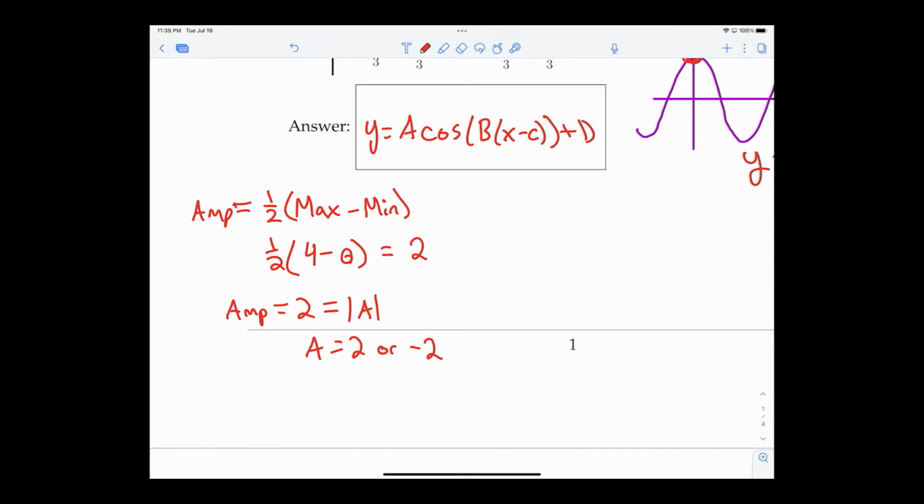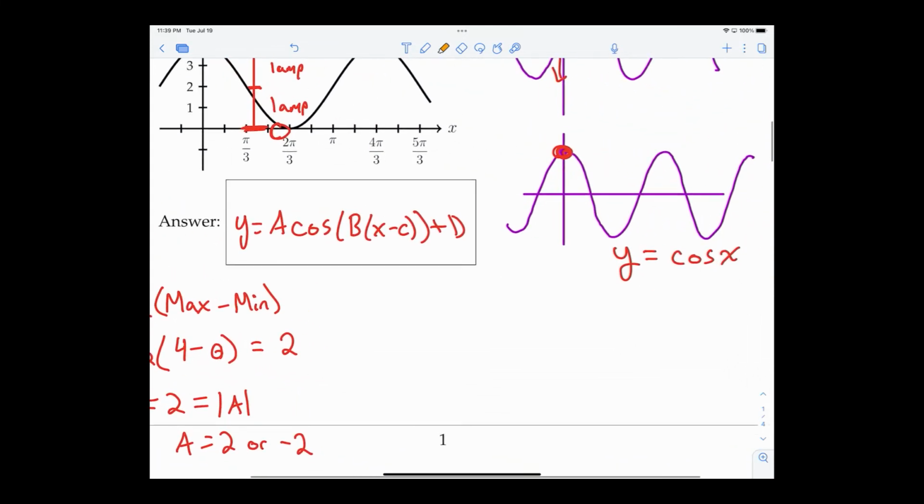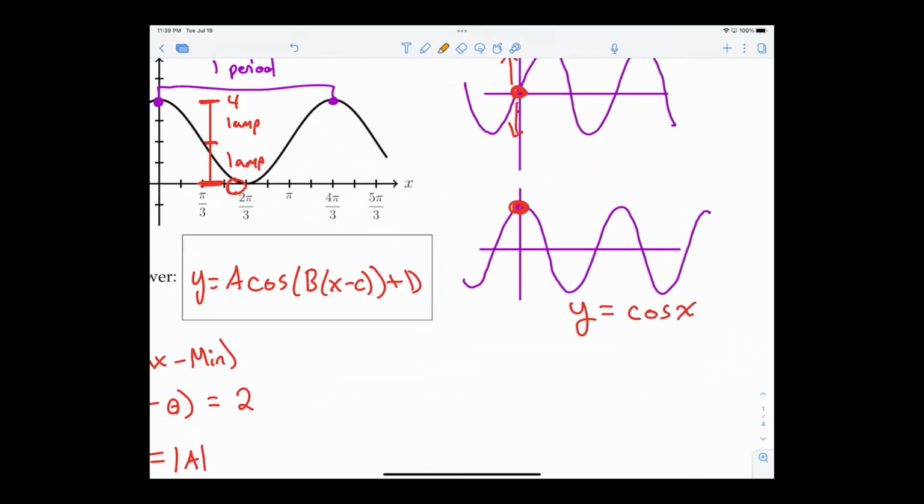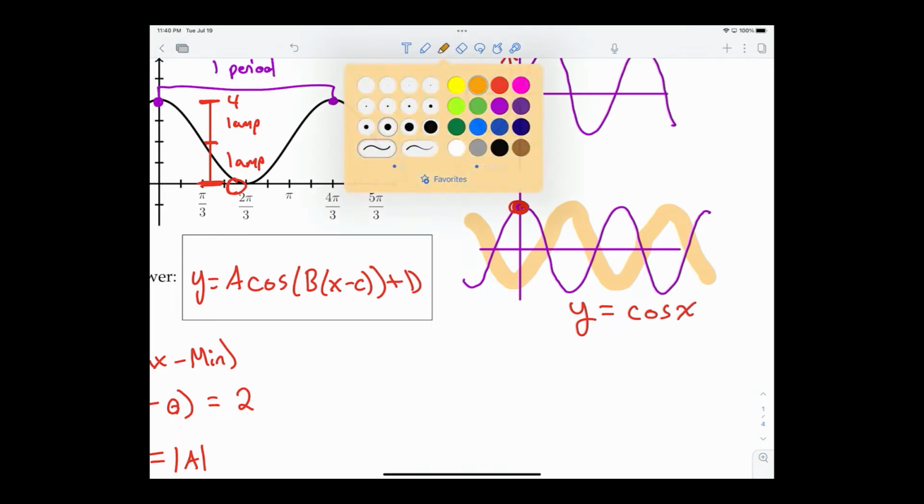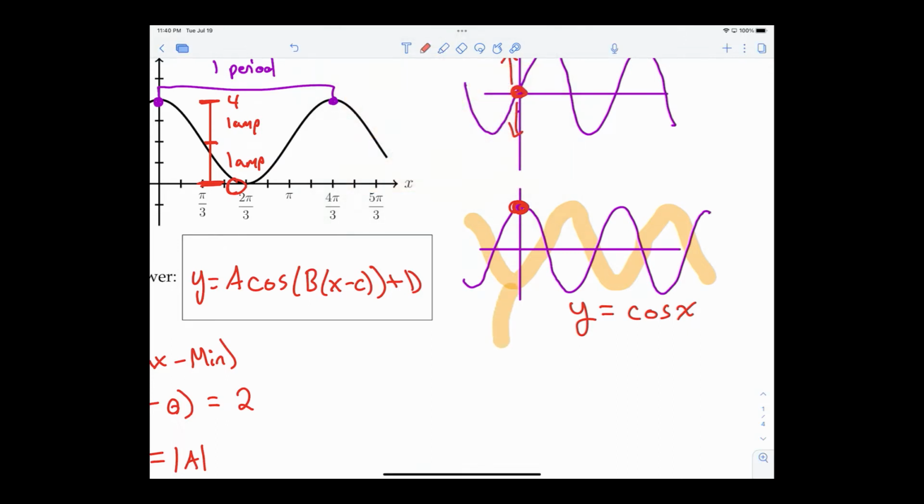And there's no reason to make it negative. Making it negative would flip it upside down. So like if you wanted to graph, let's say y equals negative cosine, it would be like this. That's what y equals negative cosine x would look like.